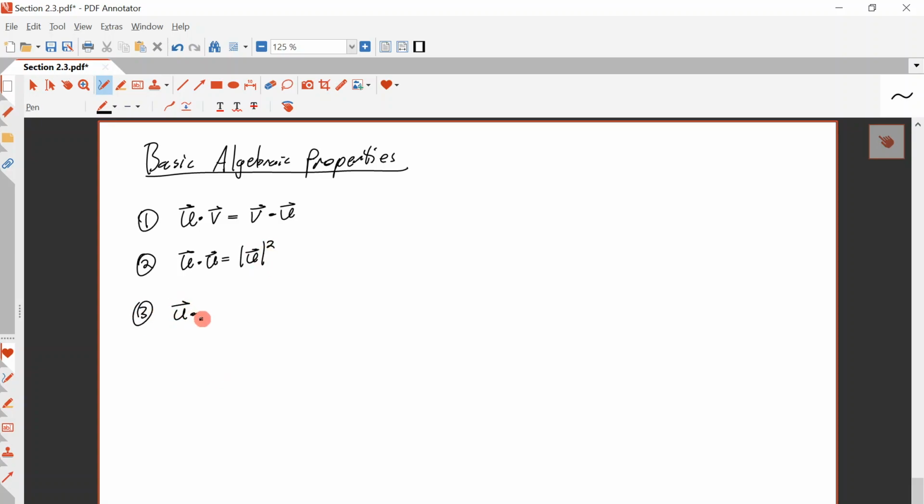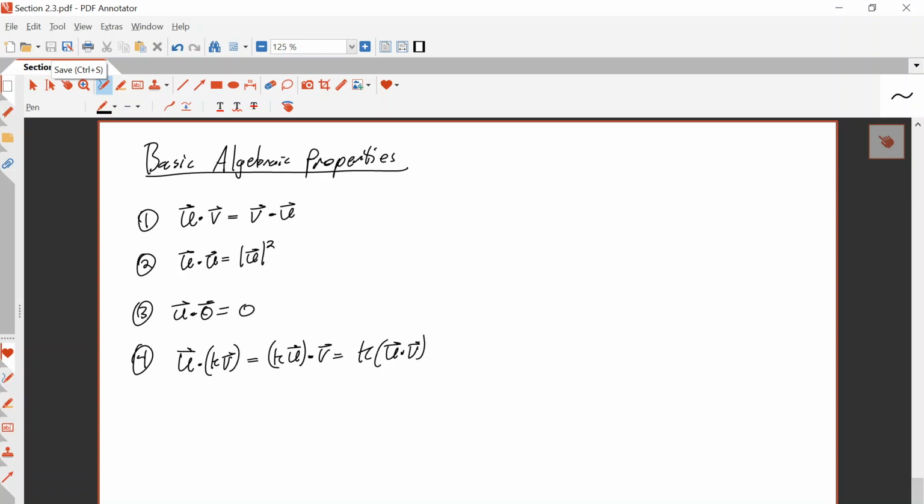Three, u dot the 0 vector, of course, is going to be 0, the scalar. Four, u dot kv. If you take the scalar multiple of v and the dot product with u, that's the same as k times u dot v. So when you take the scalar multiple of one vector and then take the dot product with the other, you just get the dot product multiplied by that scalar.